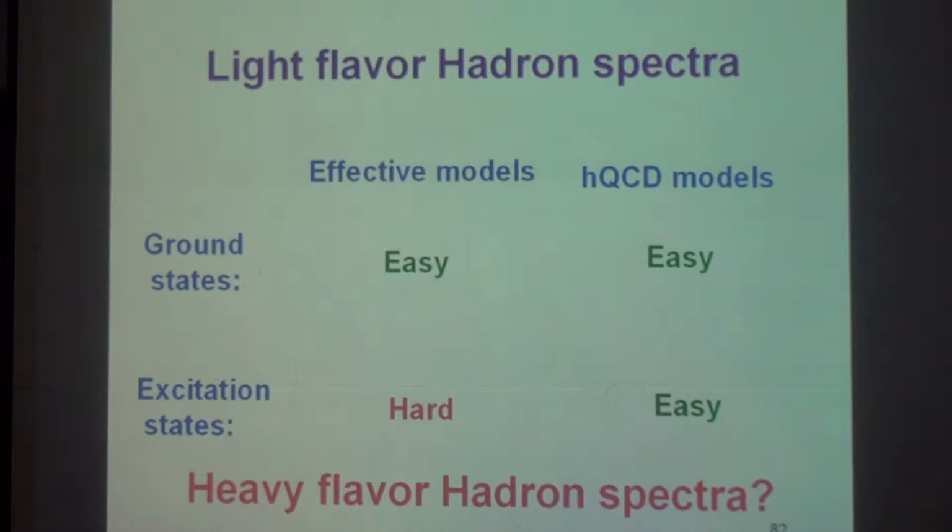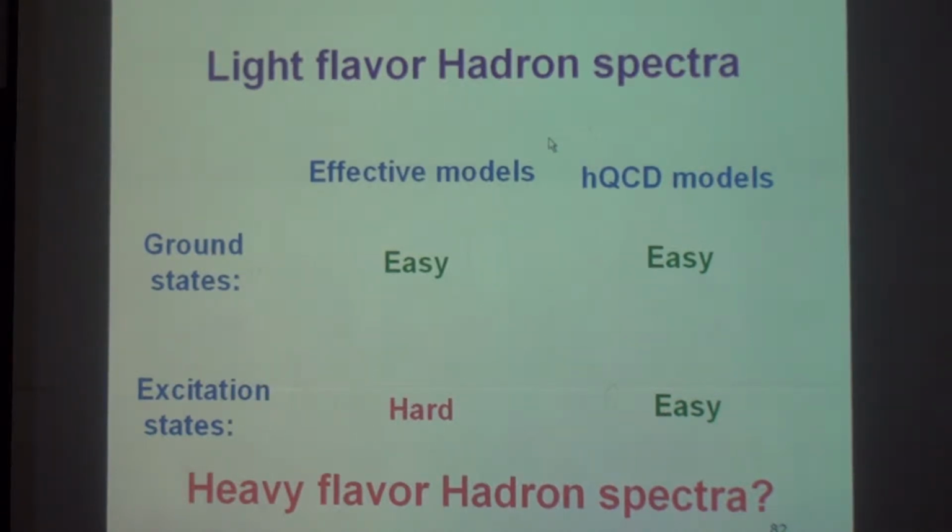I may try to give a kind of summary to compare different tools to handle this problem. So, for example, for the light flavor hadron spectrum, I think from effective models, the ground state is quite easy, but the excited states are quite hard.